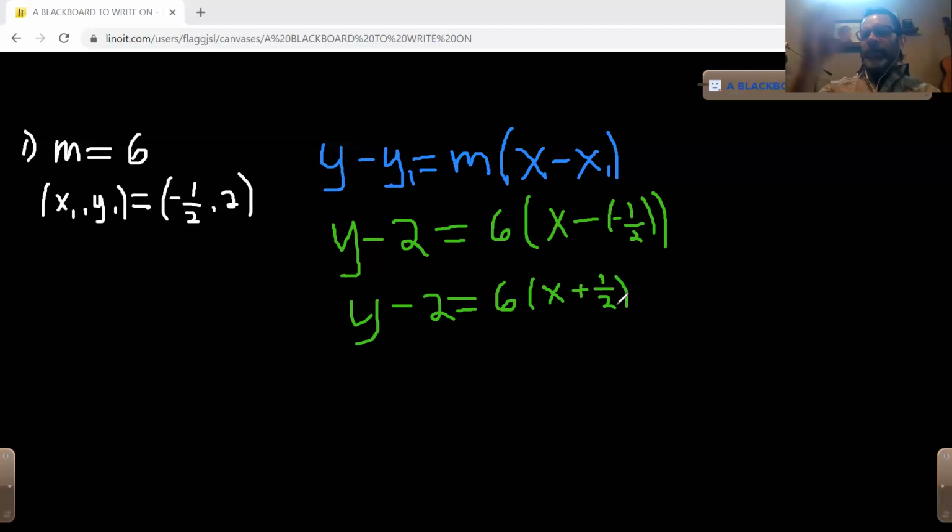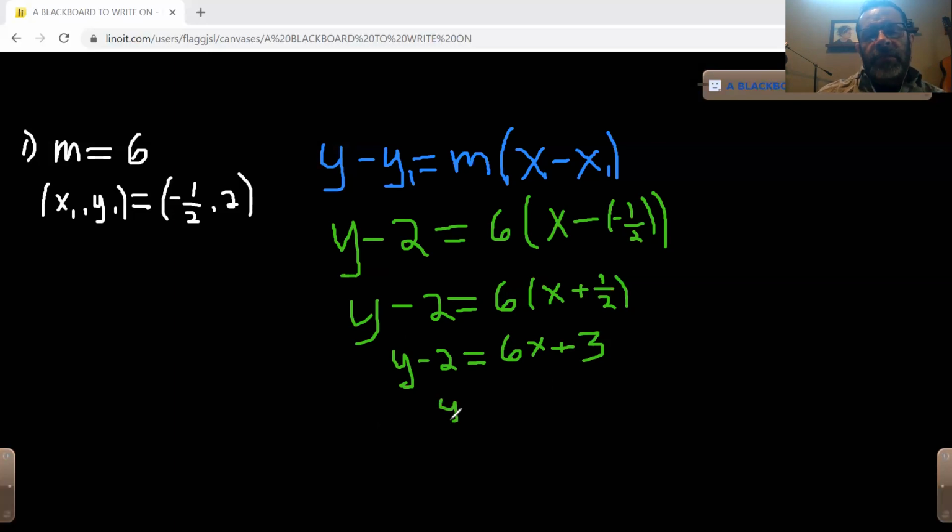And then I'm just going to multiply and organize things so I leave it as a function, meaning y equals something. So this is going to be y minus 2 equals 6 times x, which is 6x, and 6 times 1/2 equals 3.